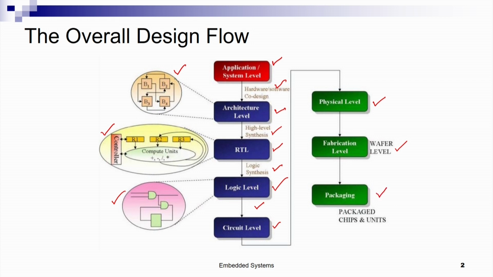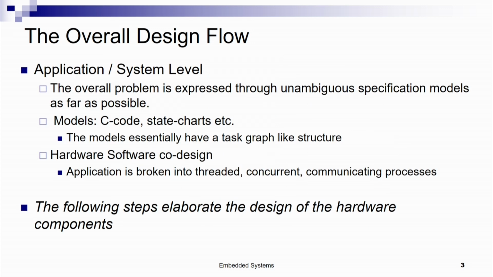Going a bit deeper into this design flow, firstly we have the application of system level design. The overall problem is expressed through unambiguous specification models, as we just said, and the models include C code, which is a representation of a sequential program model, or sequential process model, and state charts, which are a representation of the HCFSM or hierarchical concurrent FSM models.